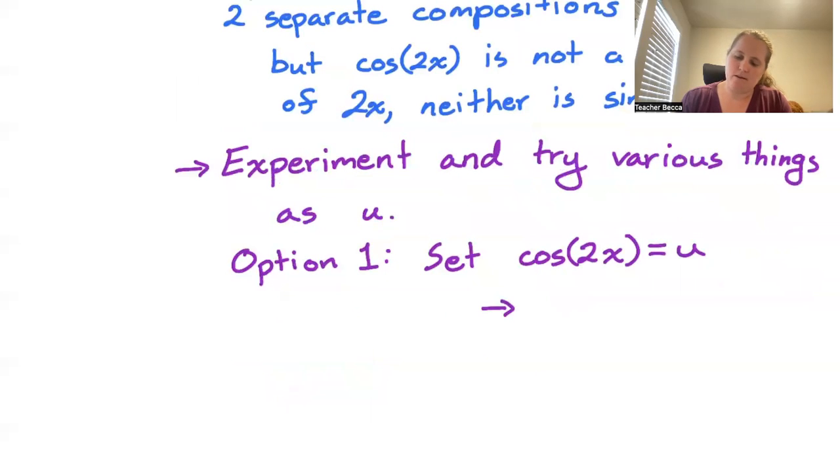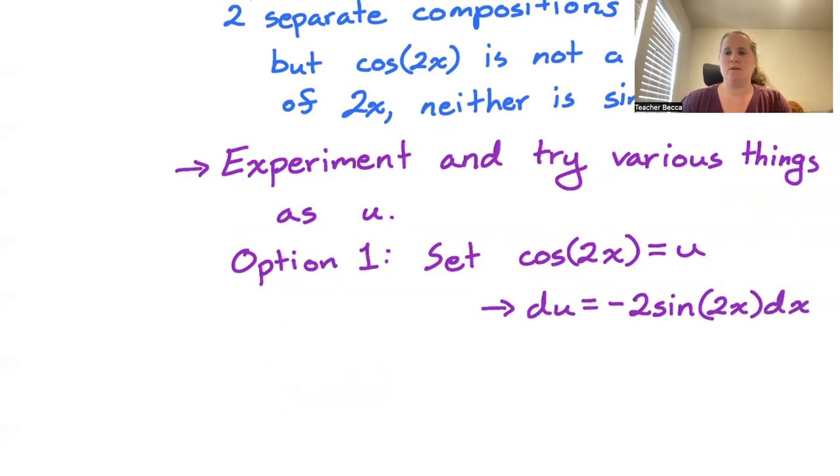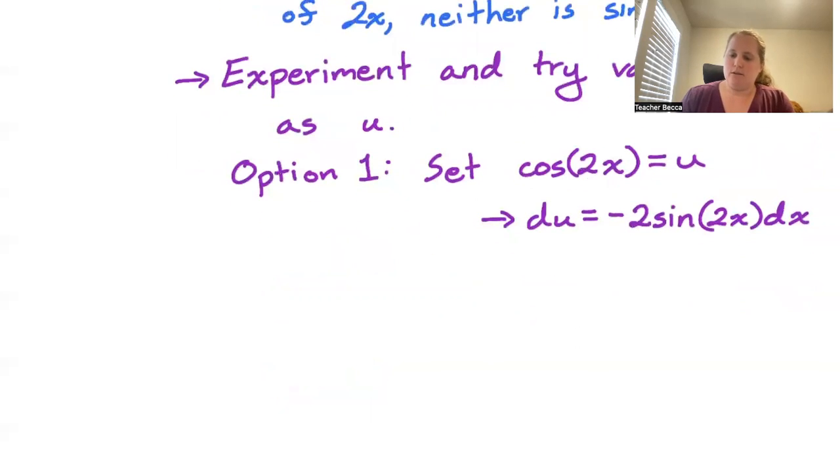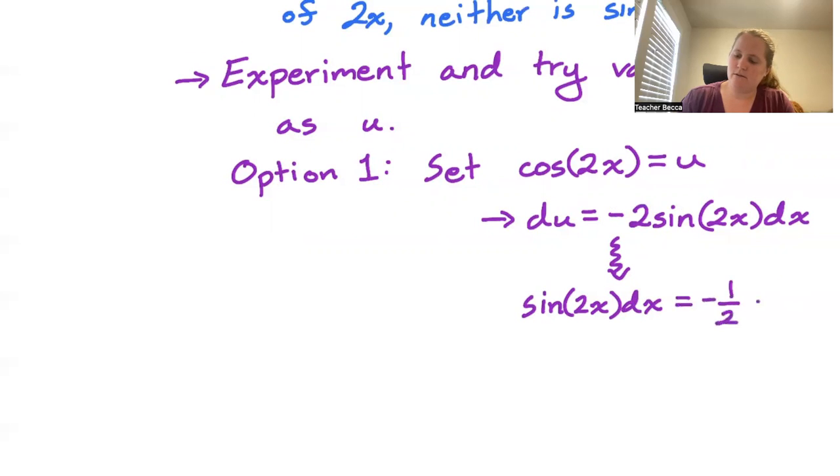Then that would mean that du would be equal to a -2 sine of 2x dx. And so we have in our problem a sine of 2x dx, which is -1/2 du if we rearrange the previous equation.